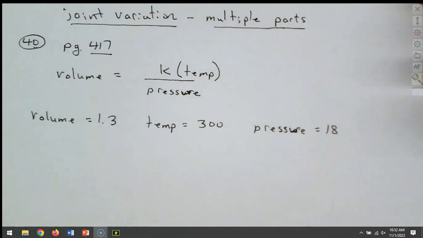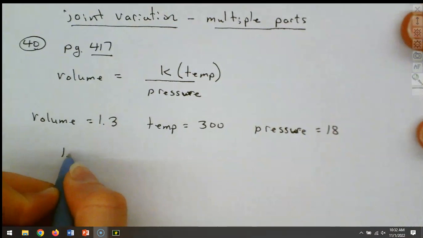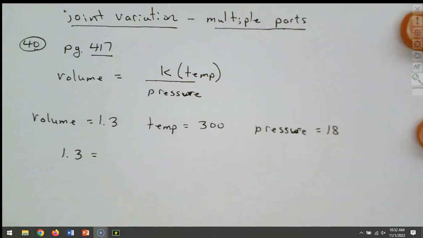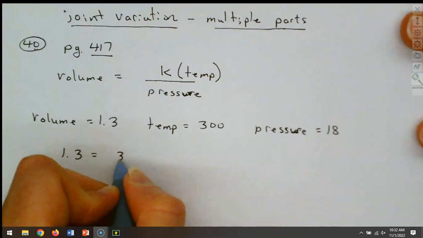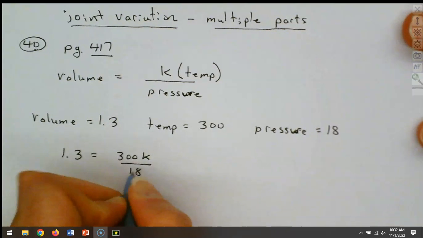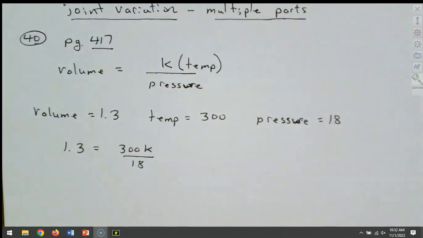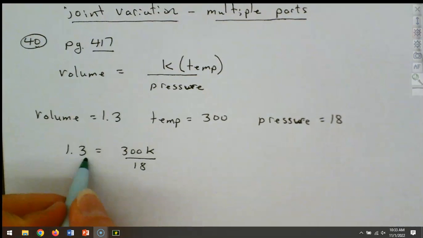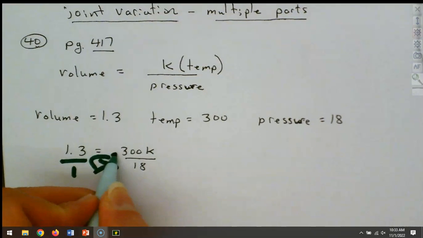So fill in our formula. So we've got 1.3, that's our volume, equals 300 K over the pressure, which is then 18. Go ahead and multiply, and we'll just cross multiply. We've got decimals, so we'll just be able to use the decimals here.